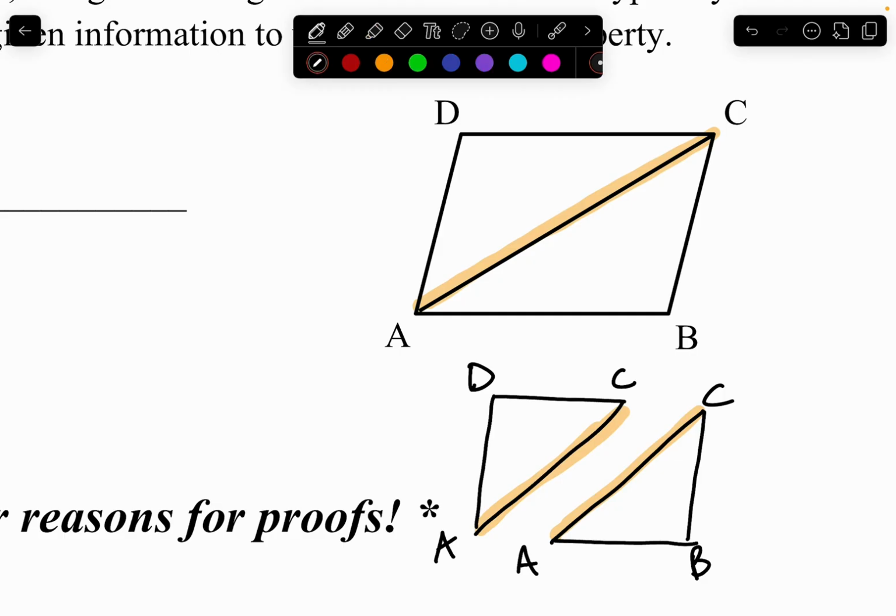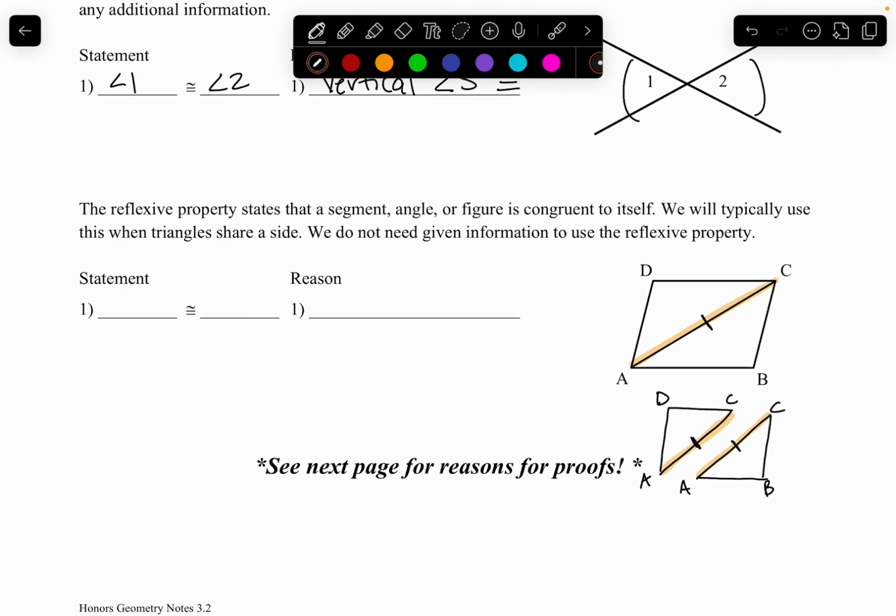And so we want to mention that AC is congruent to itself because that's true, right? AC would be congruent to AC down here. So we're just going to say that AC is congruent to itself. So we would say that segment AC is congruent to segment AC, and all we have to put for that is the reflexive property.